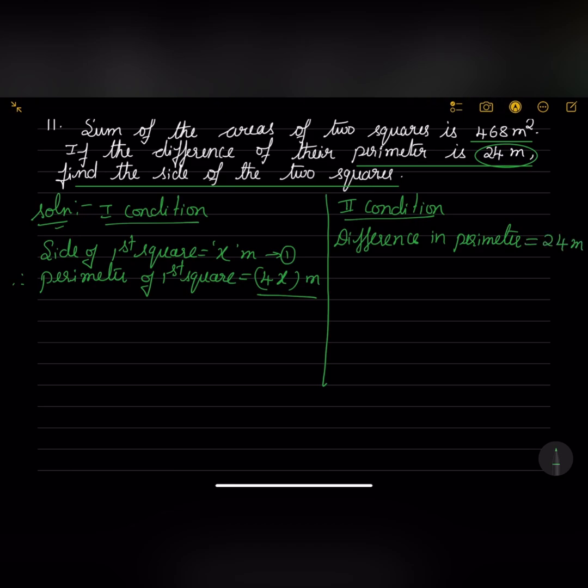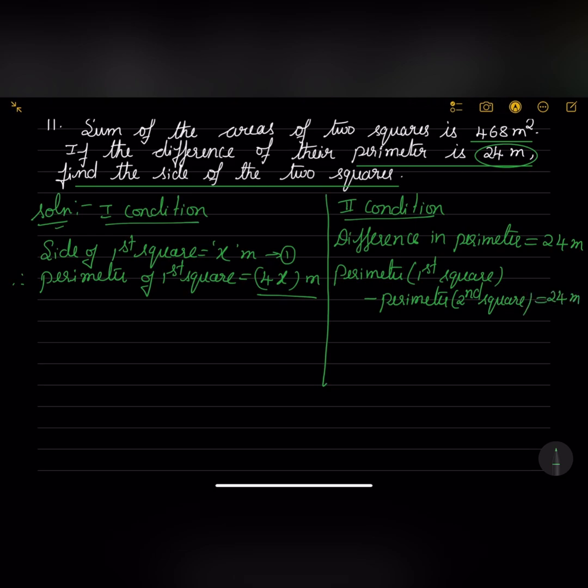Now what is the perimeter? Perimeter of the first square minus perimeter of the second square is equal to 24 meters.